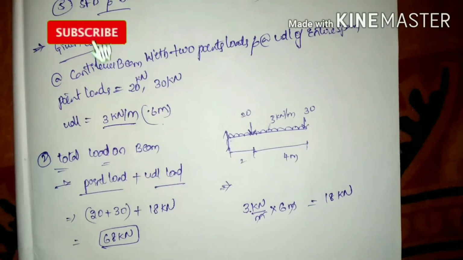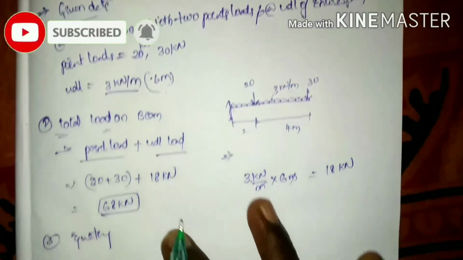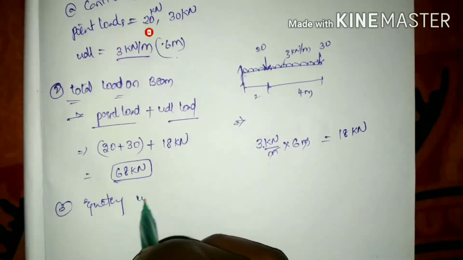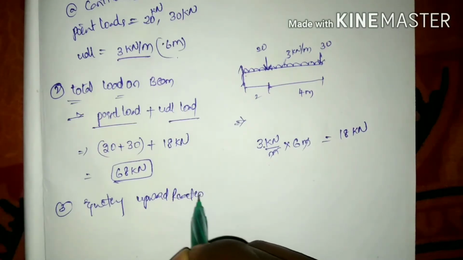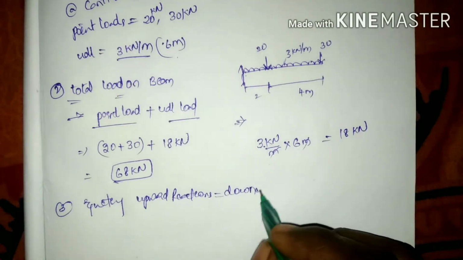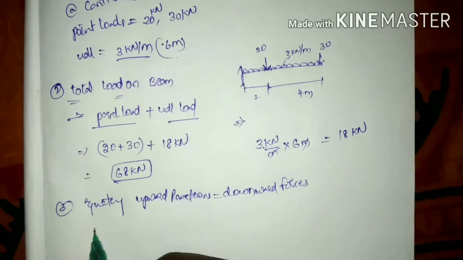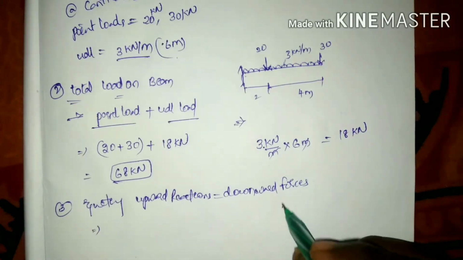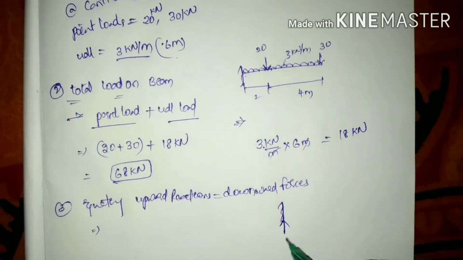Next, our third step, equating upward reactions is equal to downward forces. For the cantilever beam at the fixed end, we are going to have only one reaction, in the upward direction.